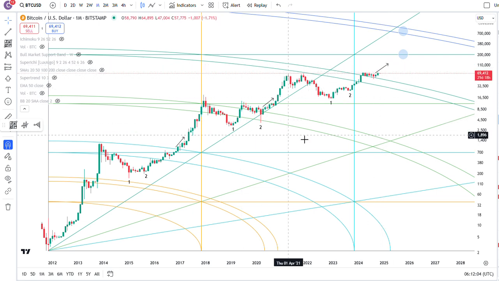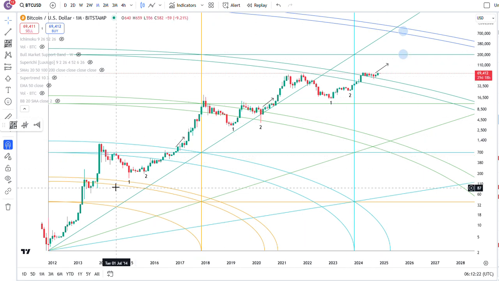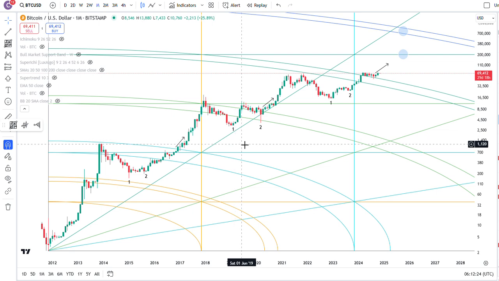I did not know for sure, but I like the way that looks right now. It just looks very healthy, right? So I do want you to keep this in your mind, that I think Bitcoin is looking more bullish. And you also have this kind of 1-2 tap for each cycle.